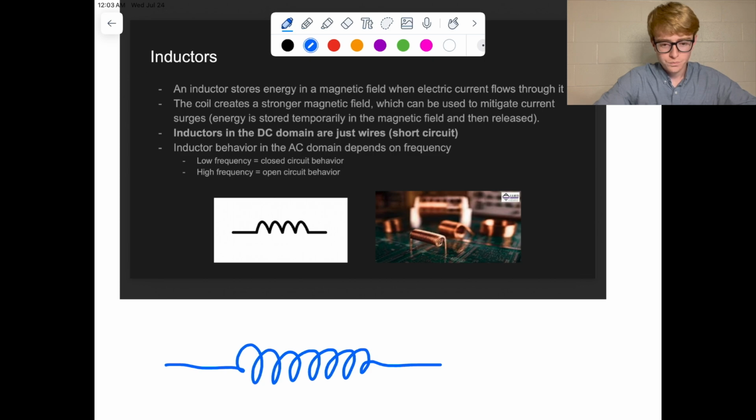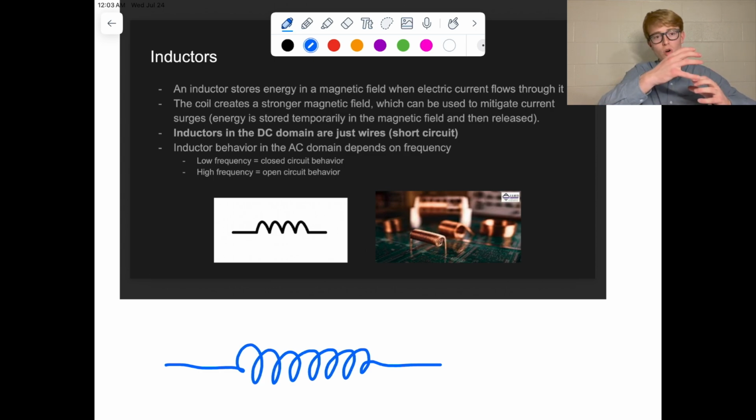So let's talk about why that is. When we have a current change through the inductor, my magnetic field changes, because we talked about before that an inductor is storing energy in a magnetic field. So when current flows through my inductor, I have a magnetic field. When I have a change in current, my magnetic field changes.